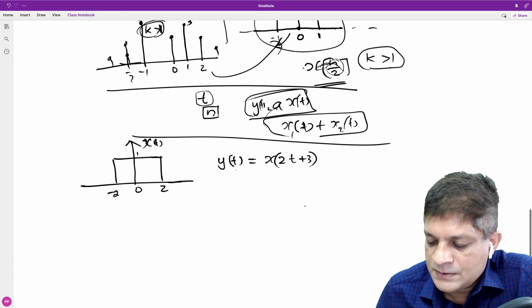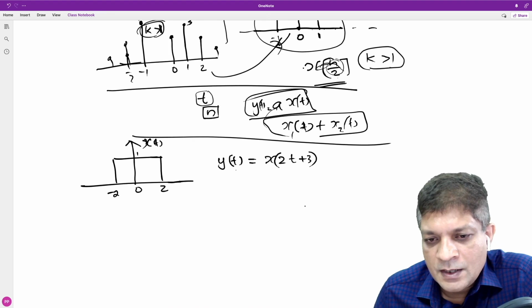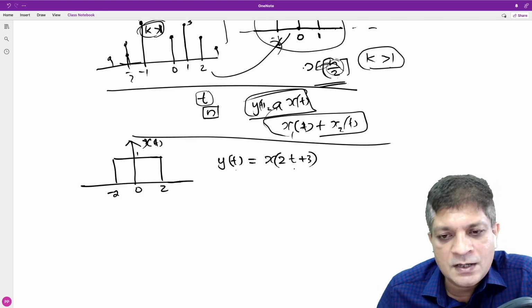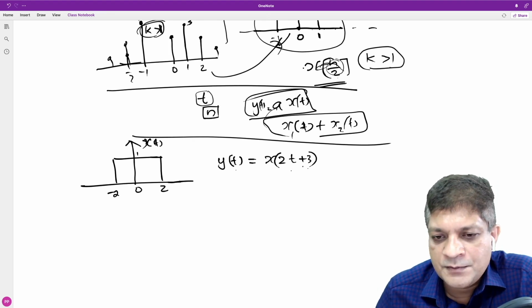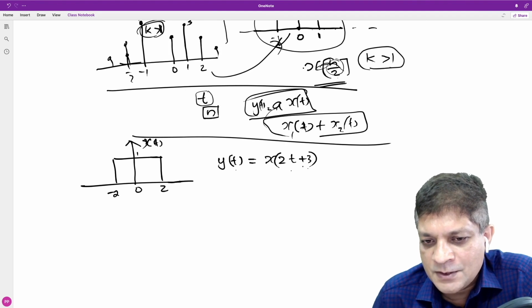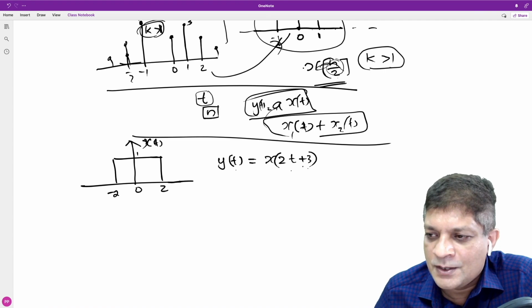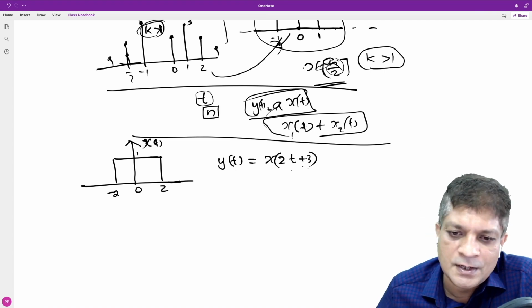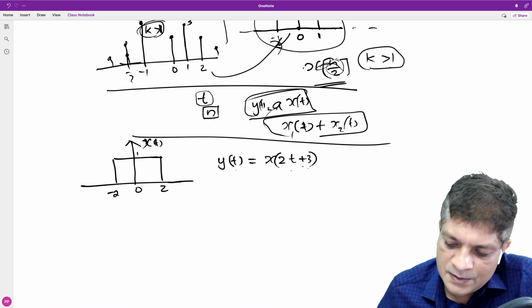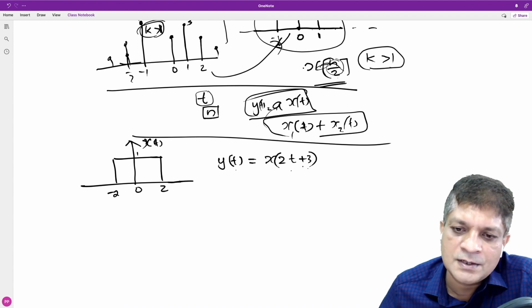Scaling, first scaling. Okay, here it is scaling by a factor of 2 and shifting by a factor of 3. So let us check both the methods: first scaling and then shifting, and the other case, first shifting and then scaling.